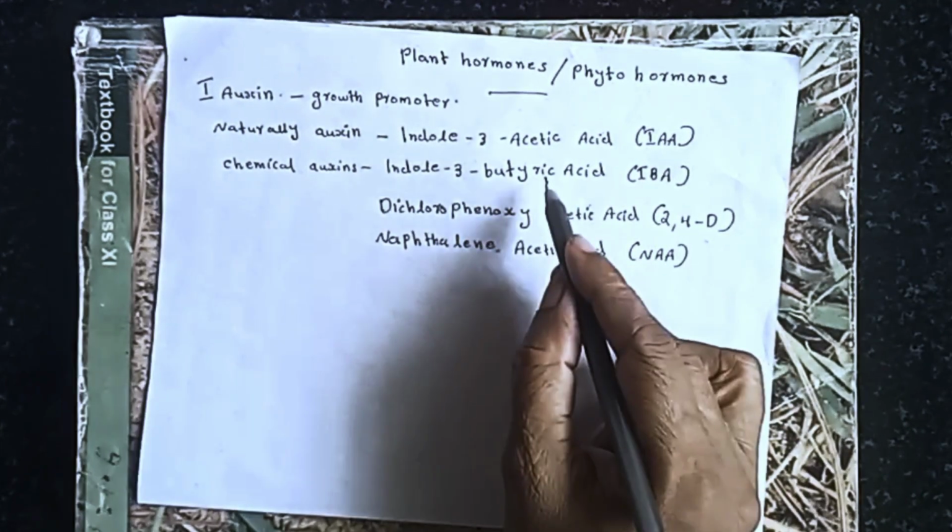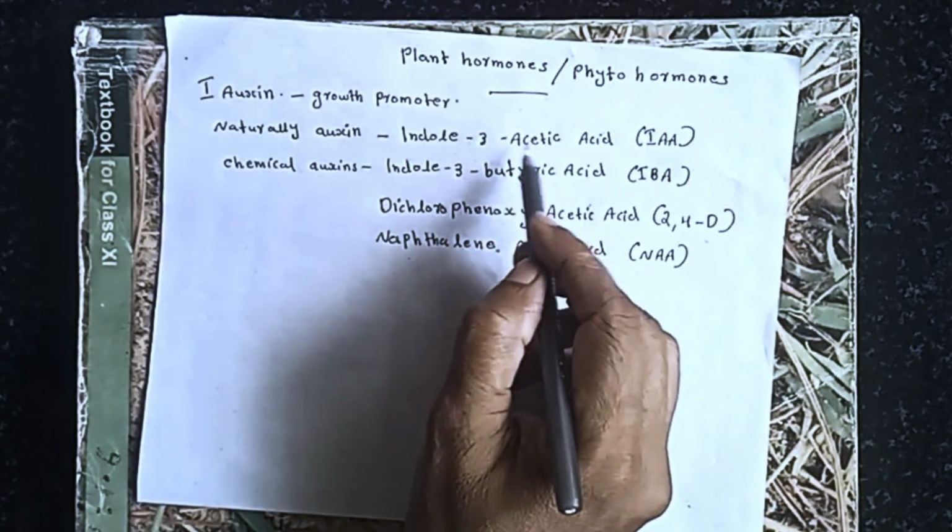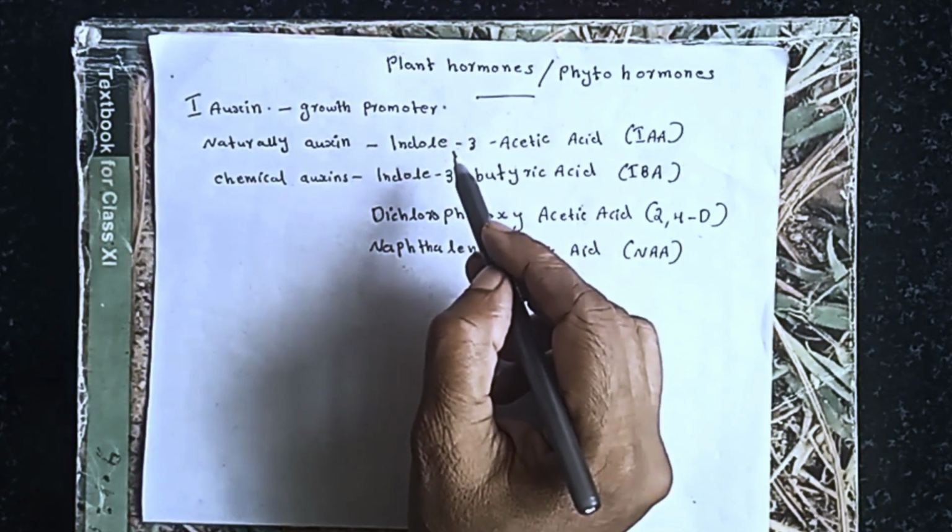These three are synthetic auxins and this is the natural auxin that is produced in the plant body.